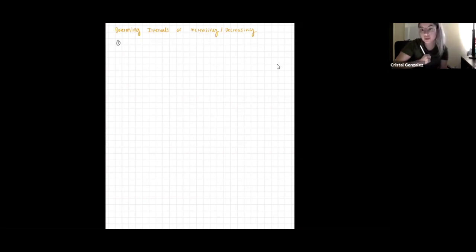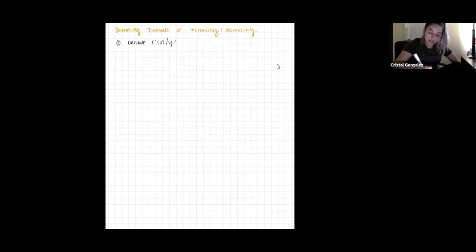So how do we do this? We're in calculus, and we've been talking a lot about derivatives, so let's just calculate the derivative. That's going to be the first thing we do: we calculate f prime of x. It could also be y prime, or whatever that function is, prime, right? We're just calculating the derivative. That's it.